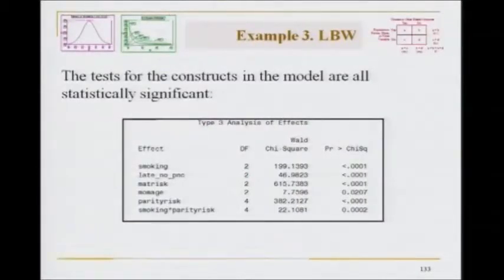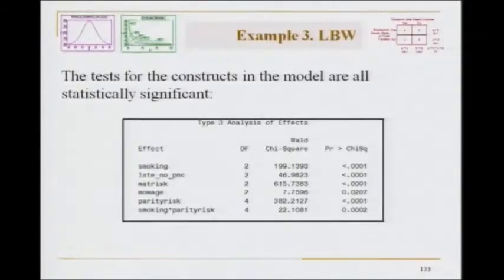So first, we get type 3 effects again, predicting this 3-category outcome variable that's being handled like dummy variables. And look at this. Smoking is a dichotomous variable, but it's got 2 degrees of freedom because it's going to have 2 slope parameters: one predicting very low birth weight, one predicting moderately low birth weight.